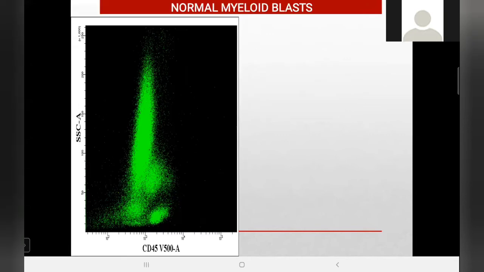Now have a look at this one. This is the side scatter, and this is the CD45 of a patient having a normal bone marrow. All right. So can somebody tell me what is this population? Lymphocytes. Perfect. What about this population? Granulocytes. All right. Now let me show you this area, which I told you was very important, because this is actually your progenitor gate, right?